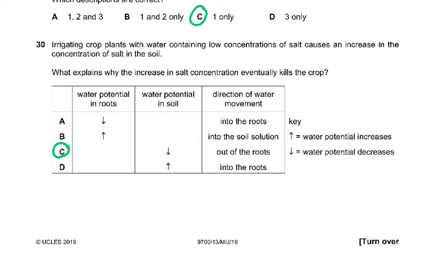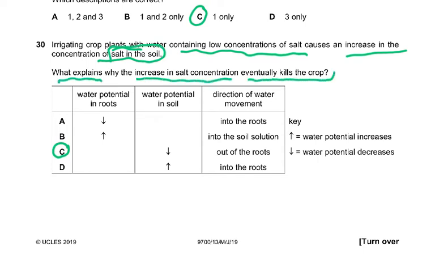What explains why the increase in salt concentration eventually kills the crop? The question has to be read, and a very important concept has to be clear. Irrigating crop plants with water containing low concentration of salt causes an increase in the concentration of salt in the soil. Now, what explains why the increase in salt concentration eventually kills the crop?